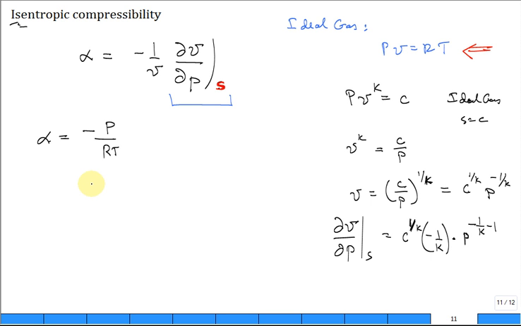Or should I substitute 1 over V, where V is equal to P over C to the 1 over K? See what I'm doing? I'm going either here or here. Well, V is equal to RT over P. There. Let me just deal with this 1 over V first.